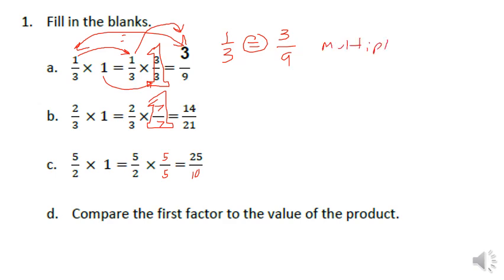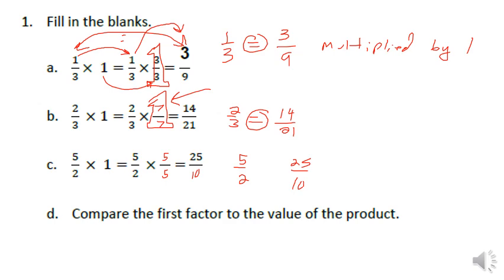And we know that because we multiplied by 1. Now, on the second one, we have 2/3 and 14/21. Once again, we know we multiplied by 7/7, which is equal to 1, so they are also going to be equal to each other.